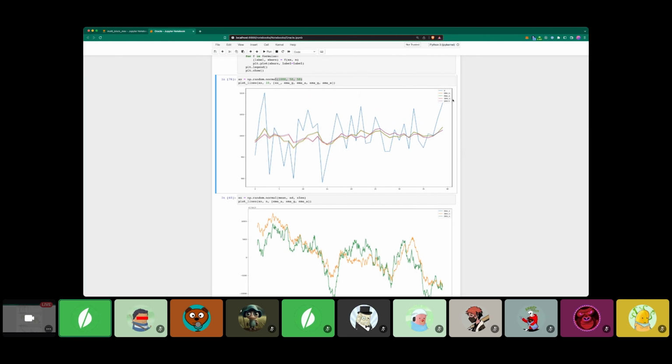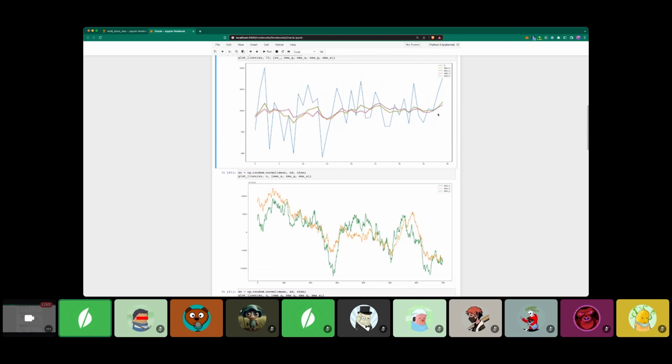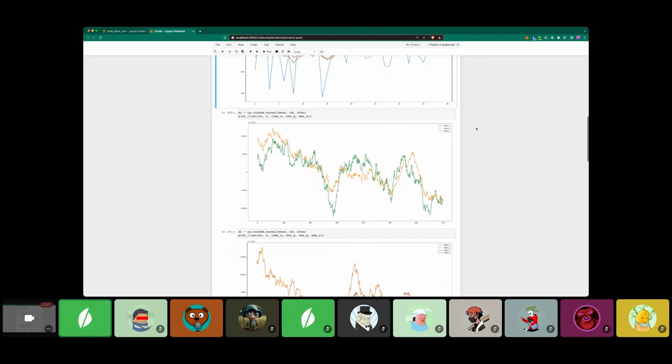So for that reason, I generally tend to favor the EMA when it comes to instantaneous value queries, as it weights the present slightly more, but we'll get into the specifics a little bit more.